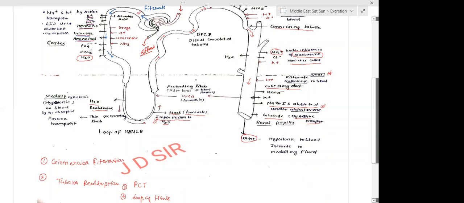At this point, it is almost isotonic to blood plasma. Isotonic to blood plasma. Now, the first subheading is absorption at the PCT. Absorption at the PCT.